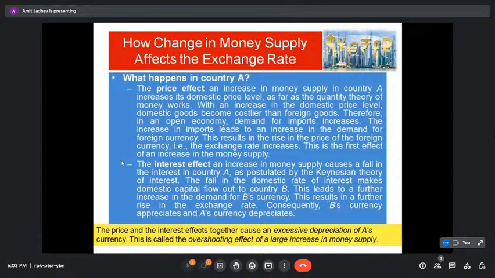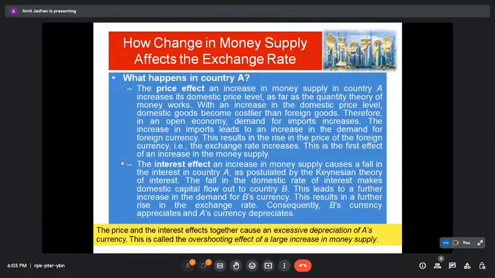Similarly, foreign producers can sell their products at a lower price. It results in a rise in imports and a decline in exports. These are the first effects of an increase in the money supply in a basic economy.